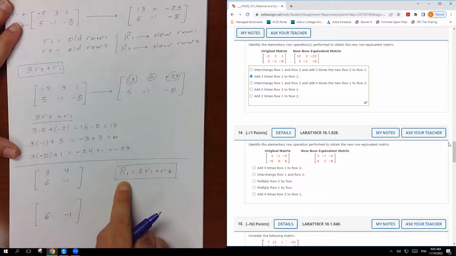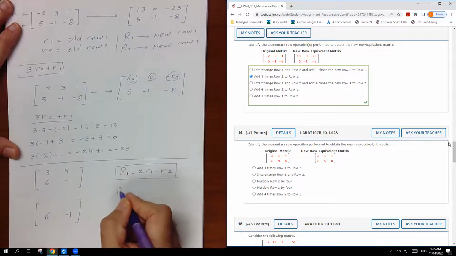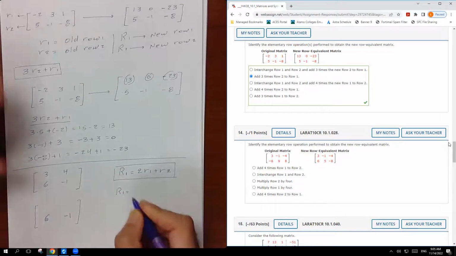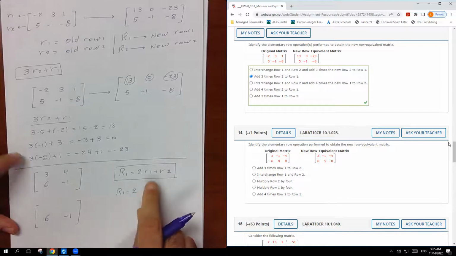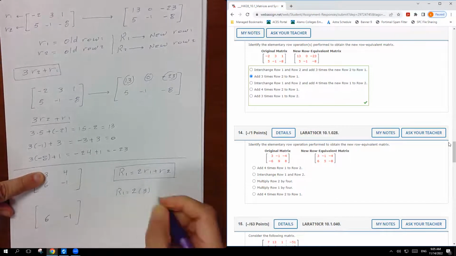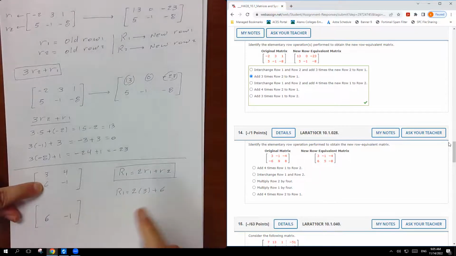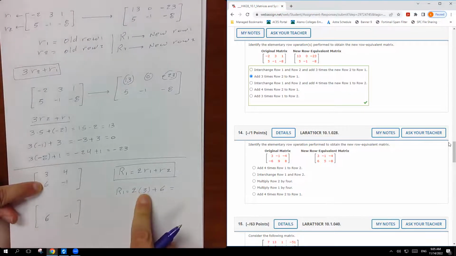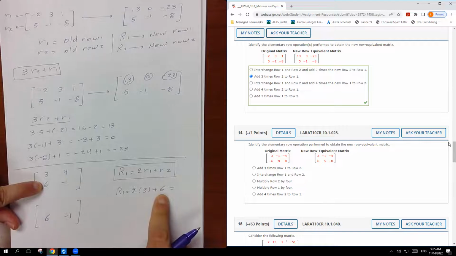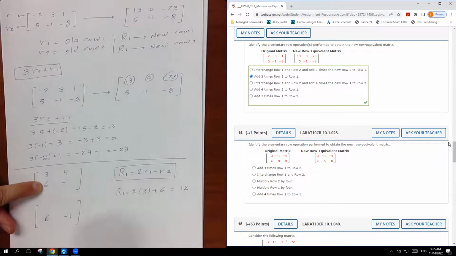Now let's check. The rule says the first element is going to be 2 times R1, which is 3, plus R2, which is 6. 2 times 3 is 6, 6 plus 6 is going to be 12. That means the first element is 12.